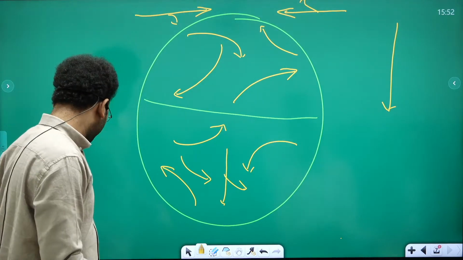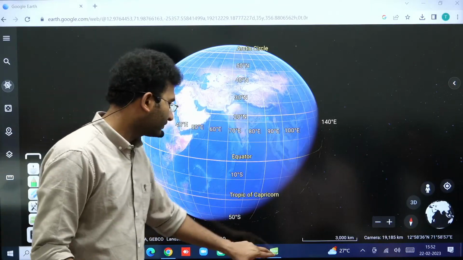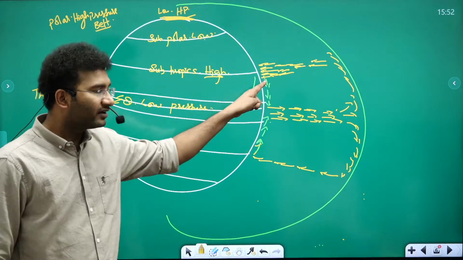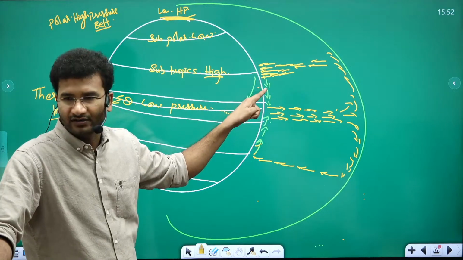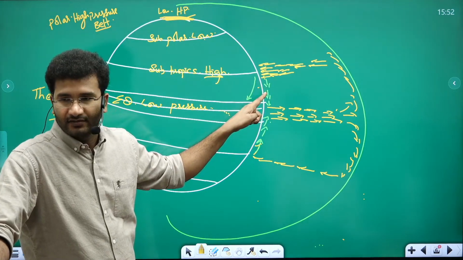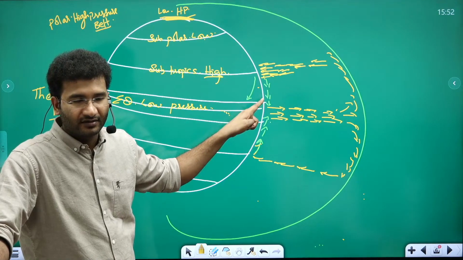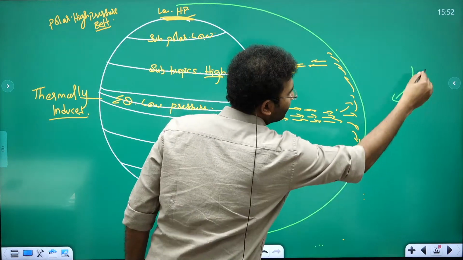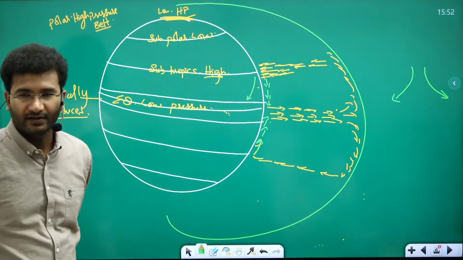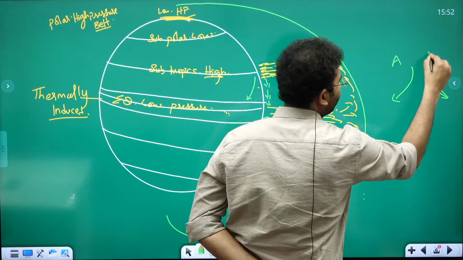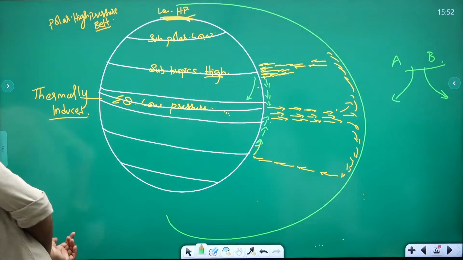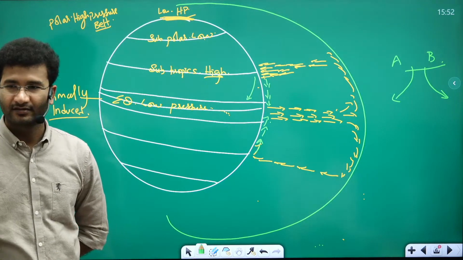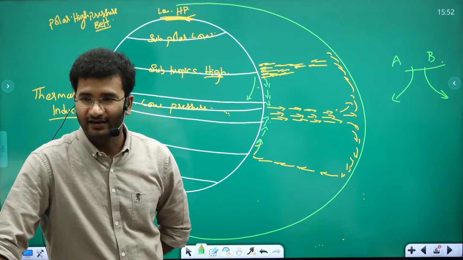Now you will see a similar kind of deflection in the wind system as well. Look here. Apply the deflection to the wind that is moving in the northern hemisphere, towards its right. Tell me, will the wind move in this direction or in this direction? Let me call this A and this B. A or B?